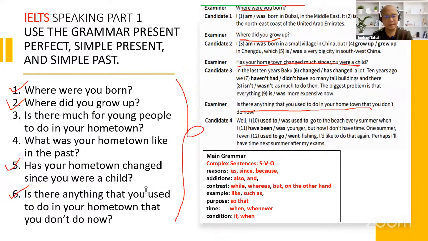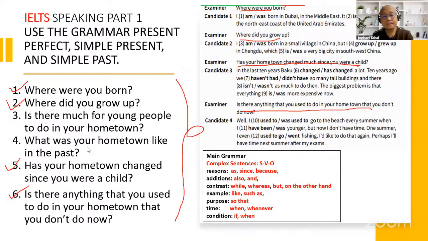Right. And is there anything that you used to do in your hometown that you don't do now? I used to play marbles, and now I don't do it because I feel this is uncomfortable. That's all.